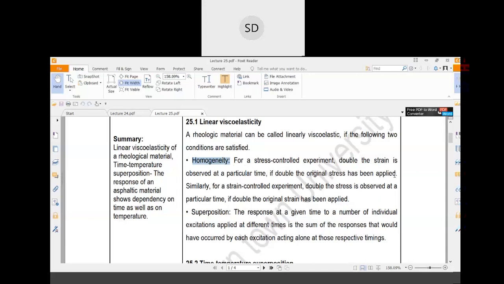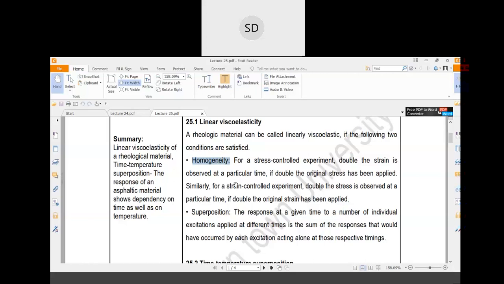So basically what happens in a stress control experiment, where you can control the stress parameter, is that if you observe a double quantity of strain, it is for stresses which are double the original stress.